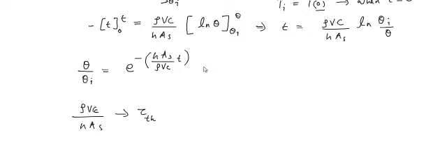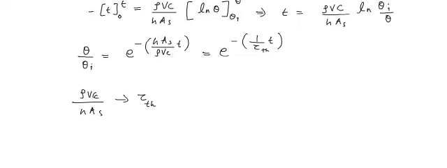So this can be written as e raised to minus 1 over τt times t. We'll come to that later on. We have some reasons why we call it a thermal time constant, and we'll see what happens to the temperature gradient when the time constant changes. We'll see with the help of a graph.